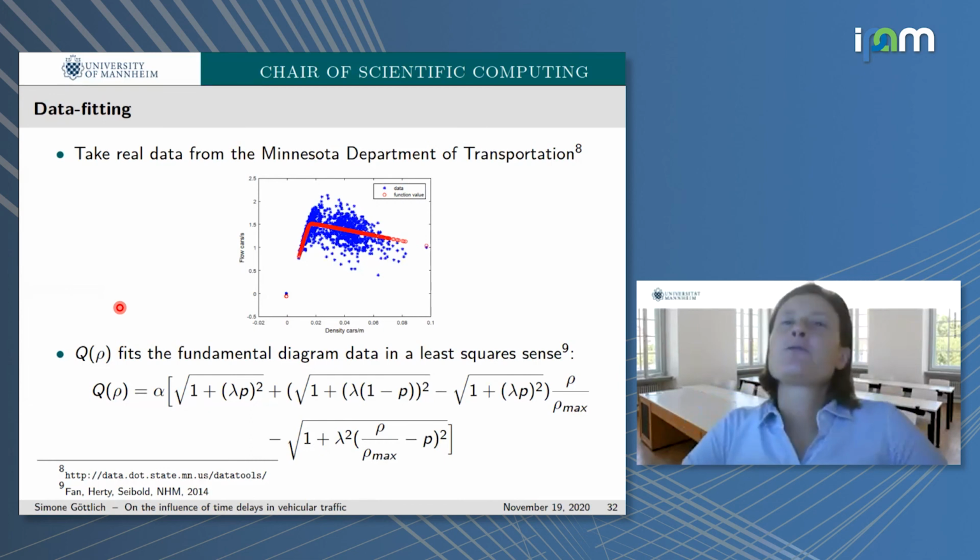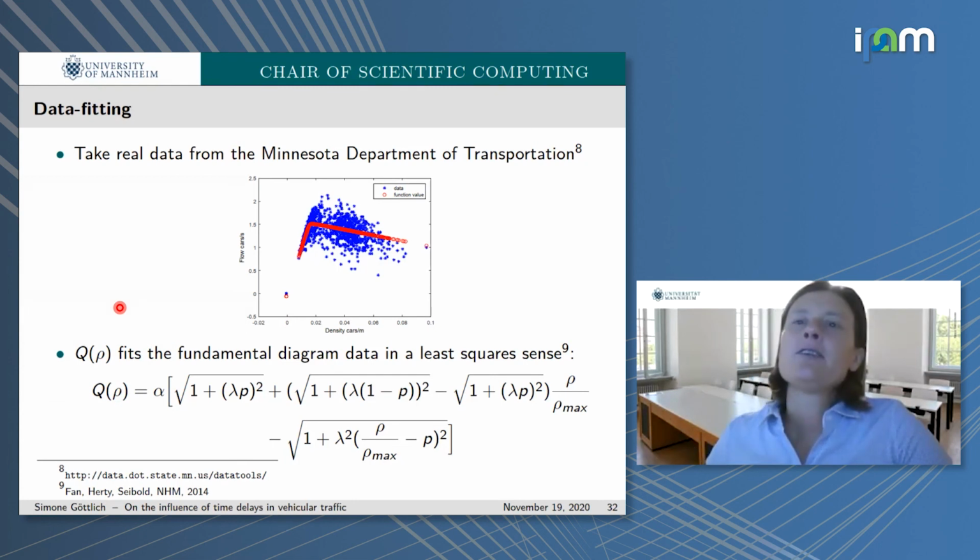So what does it mean? I decided here to present one result, namely the data fitting approach for the second order delayed model. What we did, inspired by the work of Van Hertie and Seibold, is to take some data from the Minnesota Department of Transportation, as you can see here, and then do a parameter fit.